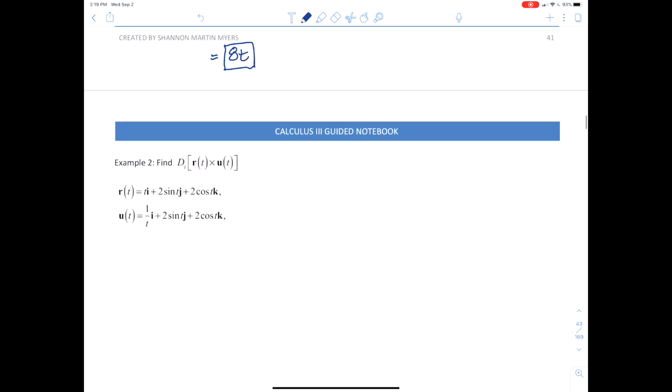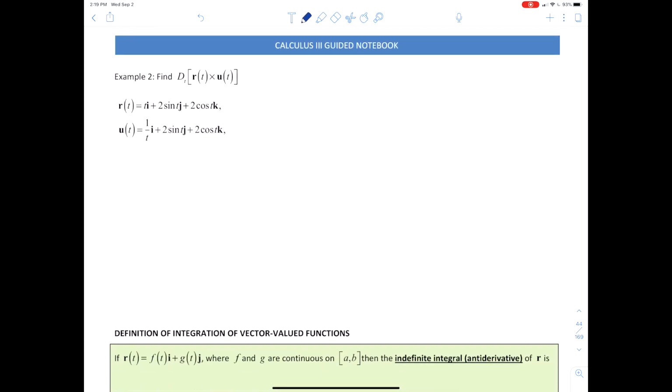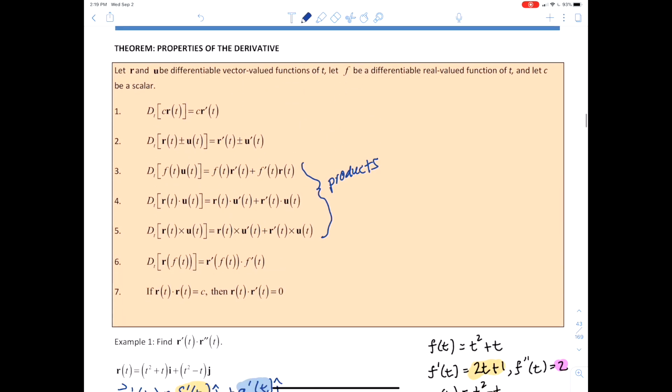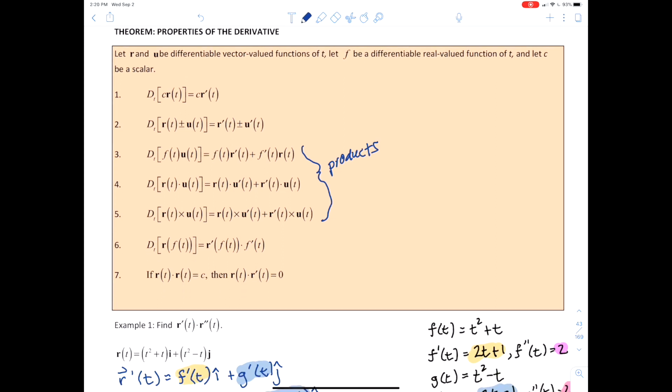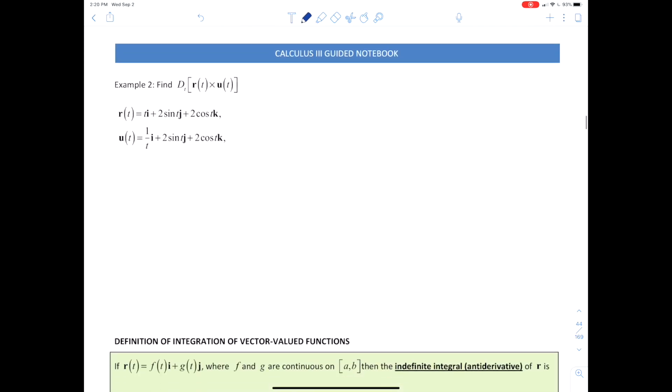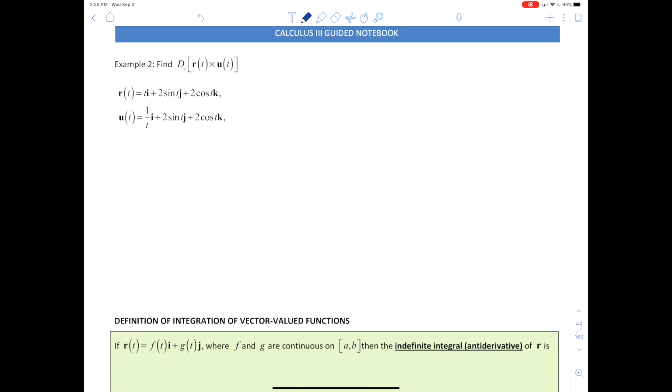All right, so next up, why don't we do this? Let's find the derivative of the cross product here. And so you could find that cross product first, right? But in our properties, what do we know from here? Why don't we apply our formula? So our cross product formula is this one here, right? So let's go ahead and do that one, all right? So here we go. So this one, I'll just write it in general.